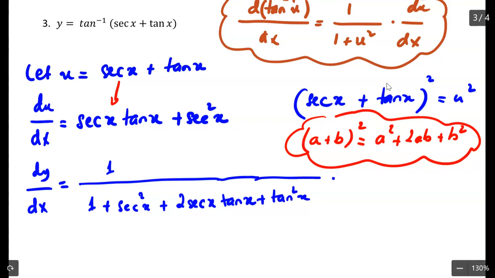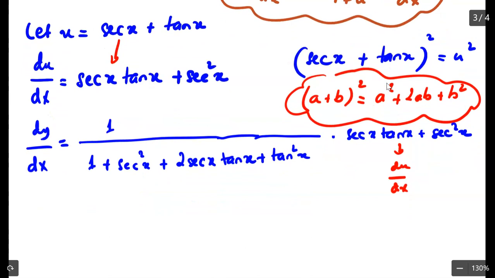Alright, so now I have to multiply by the derivative, so secant of x tangent of x plus secant squared of x. So this is my du over dx here.